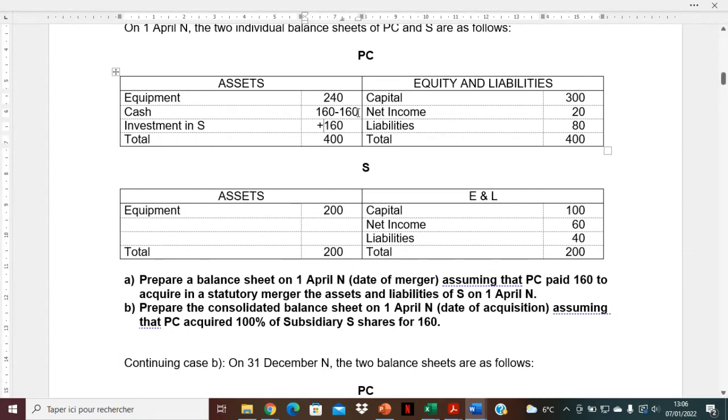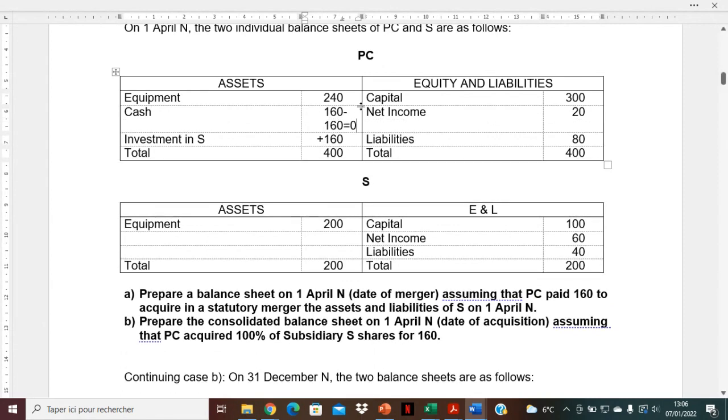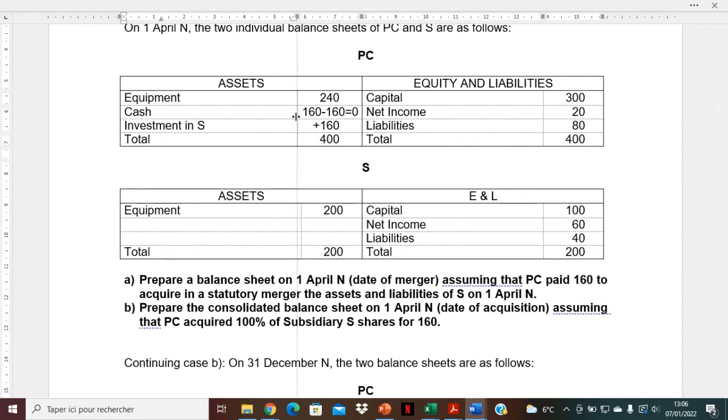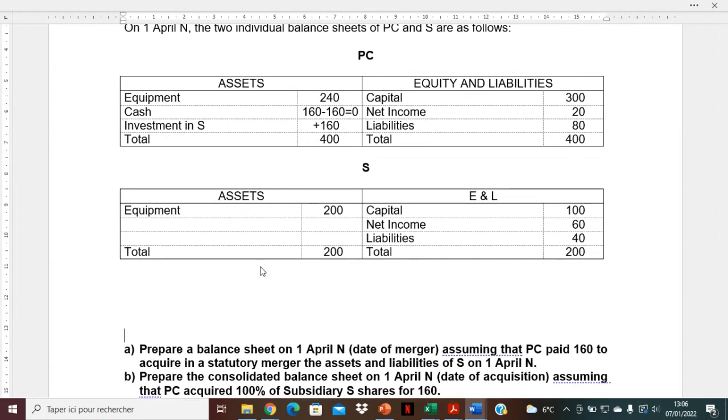So that means my cash position after the acquisition obviously is 0, and instead I have an investment in the subsidiary. Okay, so this is my balance sheet before we go into the consolidation.